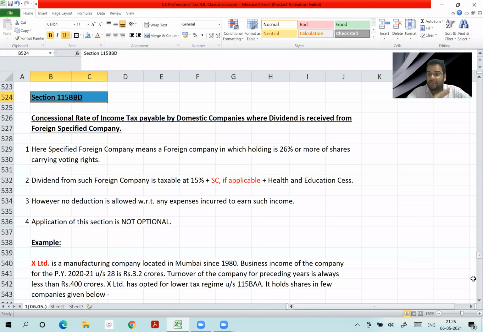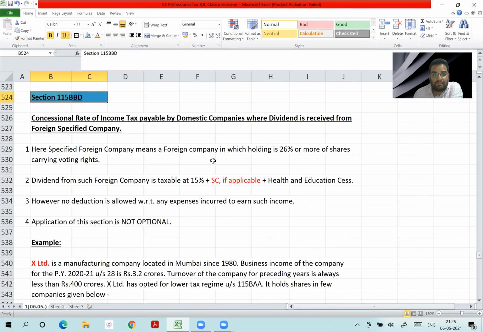Yes. Finally, did you understand 80M? And did you understand that the distributor does not pay the tax, but the recipient pays the tax? Means DDT is scrapped. Yes, so be clear with that.